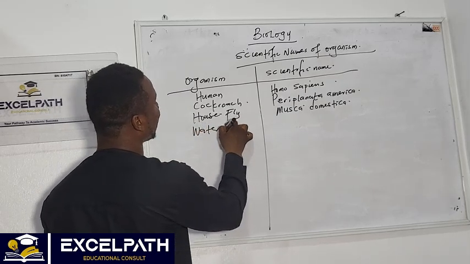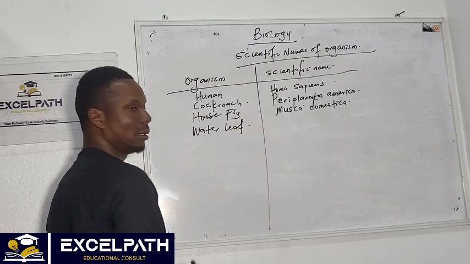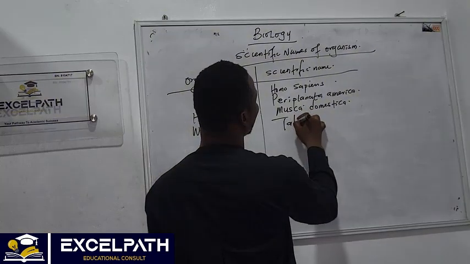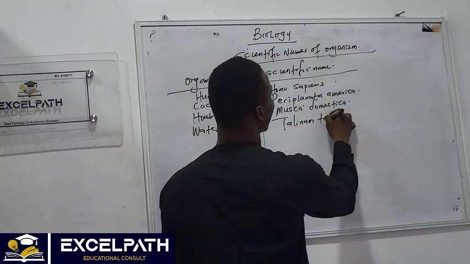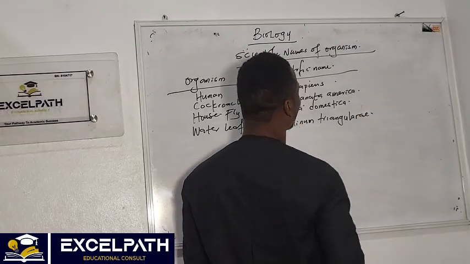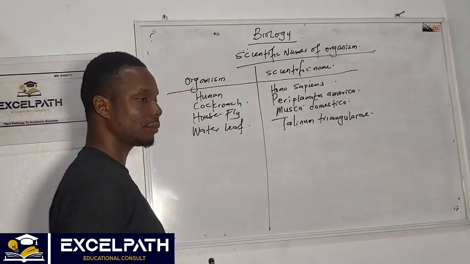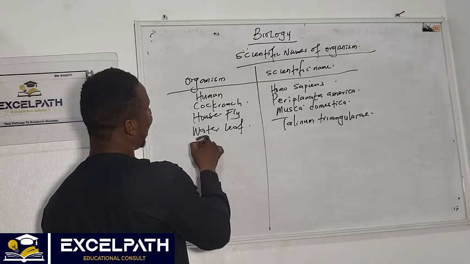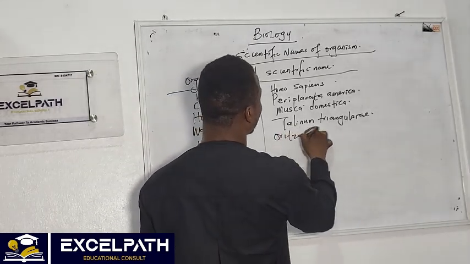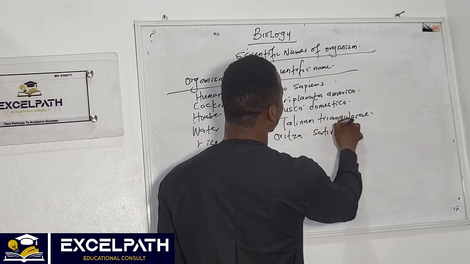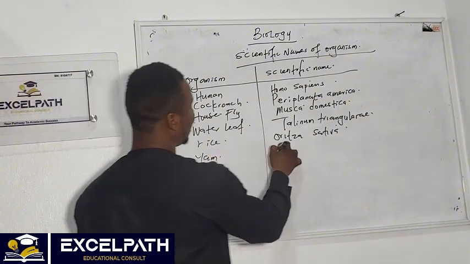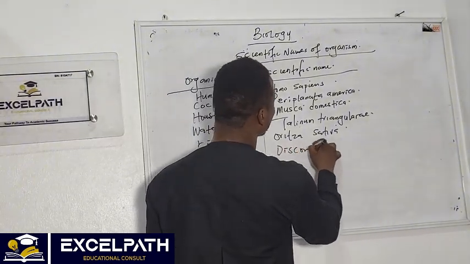Mind you, waterleaf is a plant. The scientific name of waterleaf is Talinum triangulare. We have rice. Rice is Oryza sativa. We have here Dioscorea species.